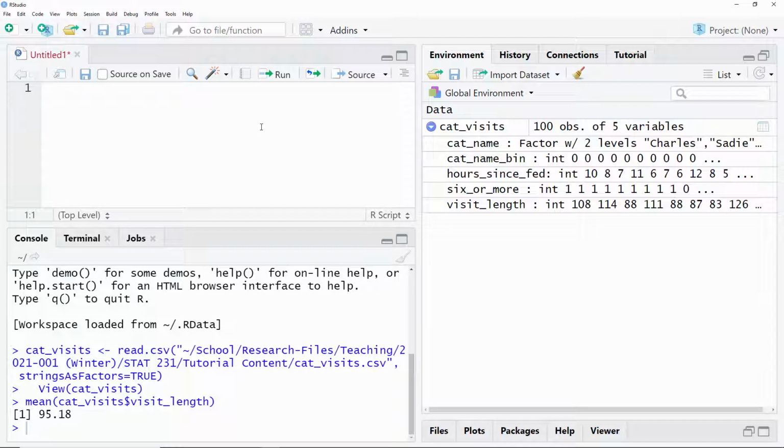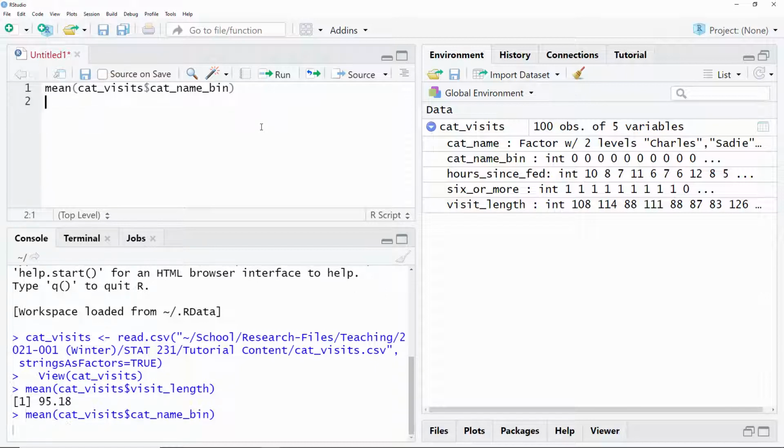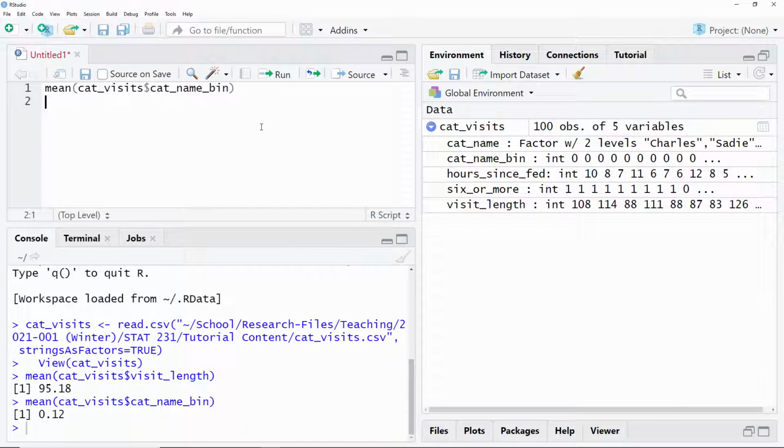So it's a 1 if it was Sadie, it's a 0 if it was Charles. And so all I have to do then is call the mean of cat name bin. And if I run it, you see the mean was 0.12.